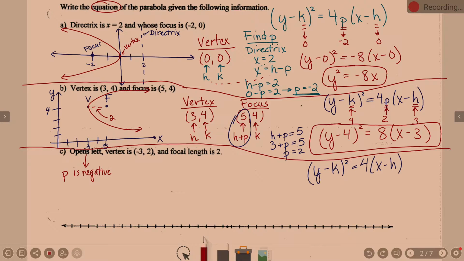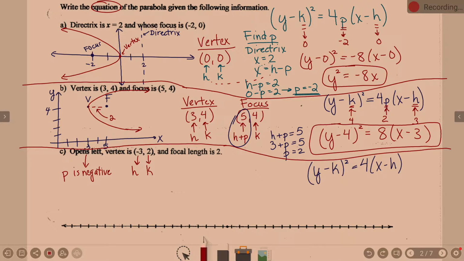Anything else? H and K? If they tell us the vertex, they are providing H and K. So I know H, I know K, I know P is going to be negative. I just need to know what P is.